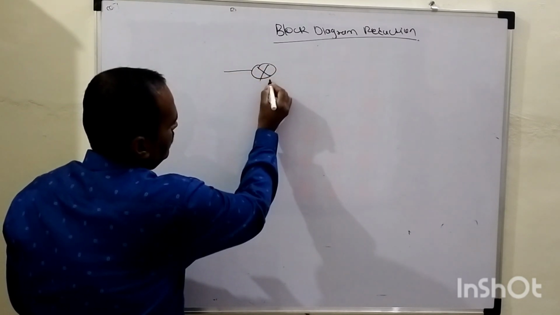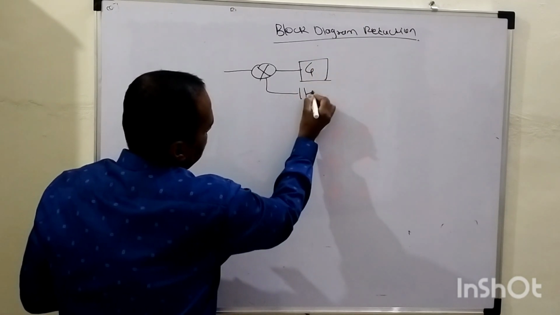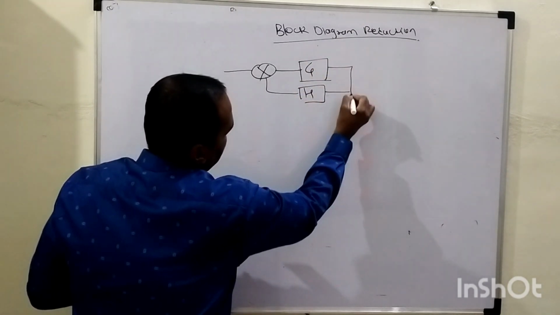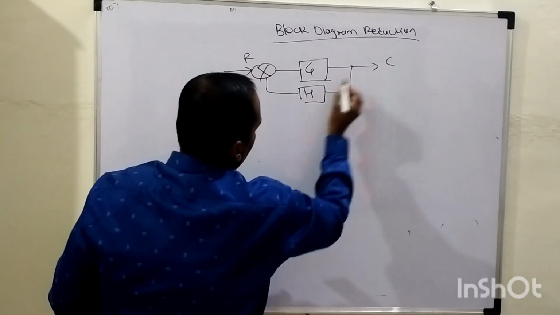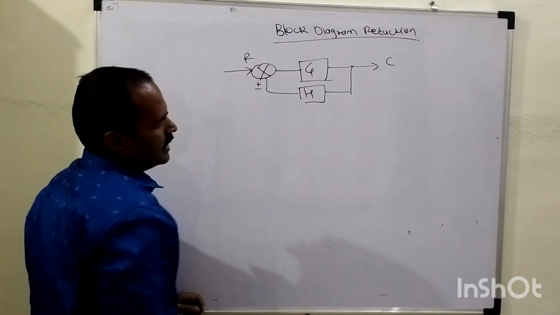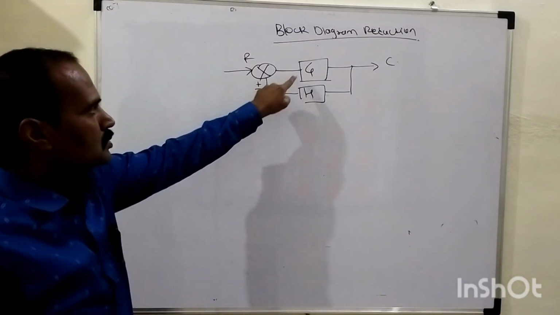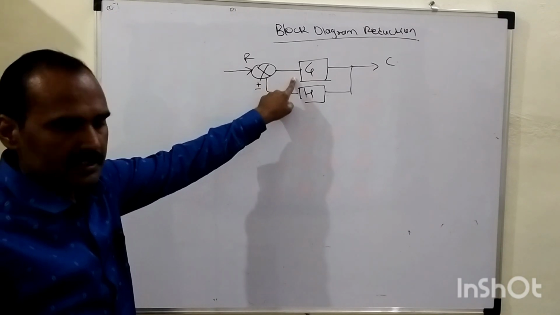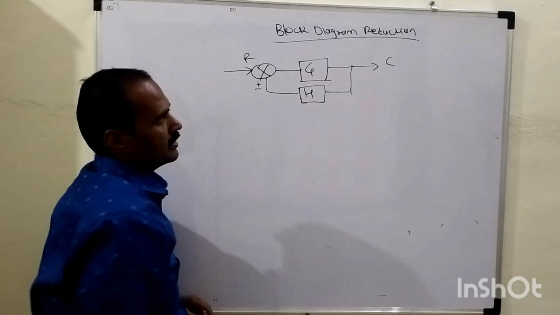We have either positive feedback or negative feedback. This is how a closed loop system looks: this is the input and this is the output, and here we can have either positive or negative feedback, right? The gain of the forward path is G, and the gain of the feedback path is capital H, right?